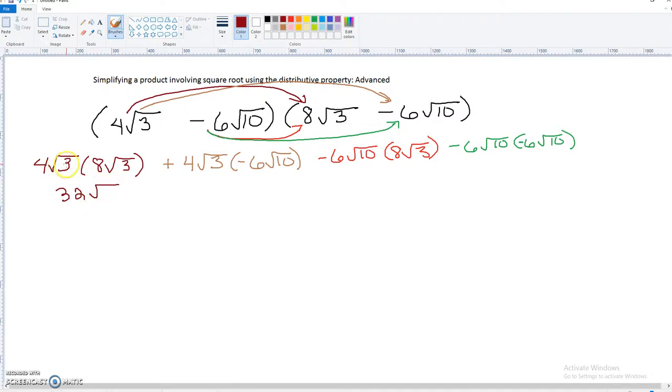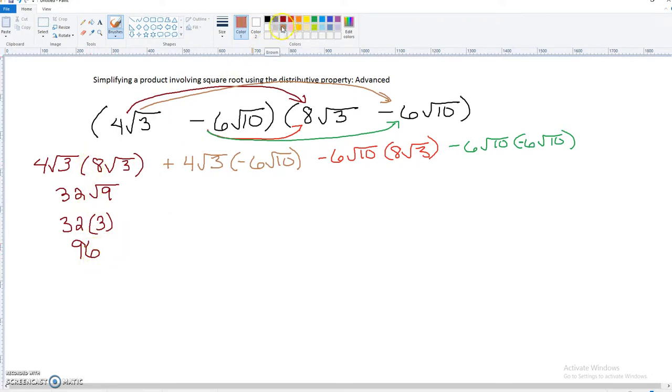Square root, and then we take 3 times 3 is 9. Okay, and we can take this a step further. The square root of 9 is 3. And 3 times 32 is 96. So we have simplified that one all the way down.